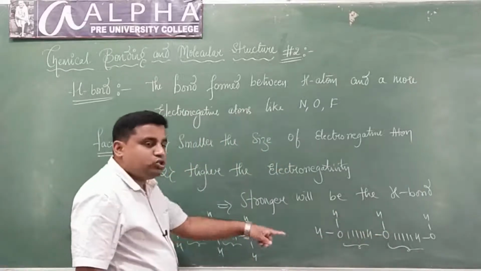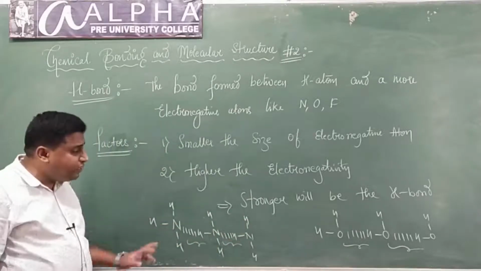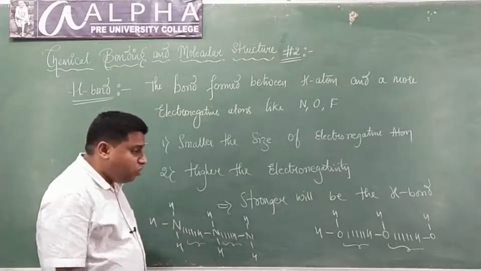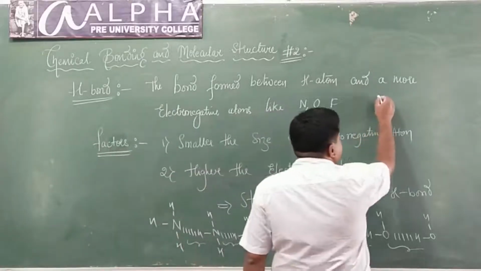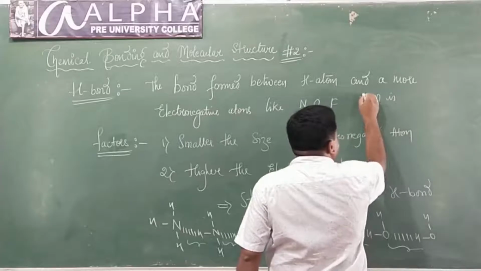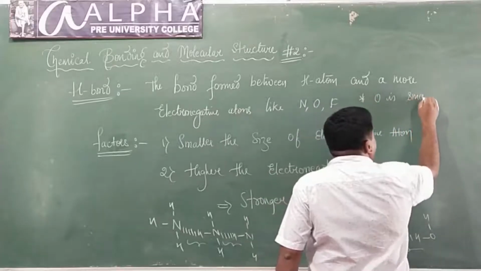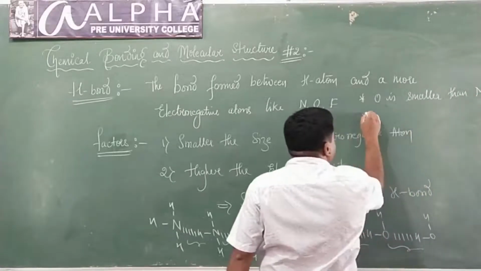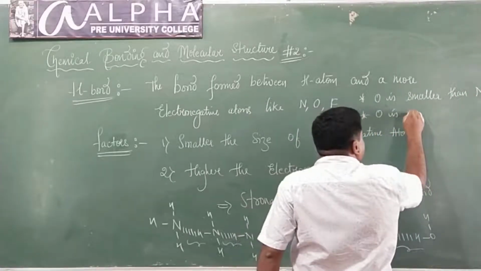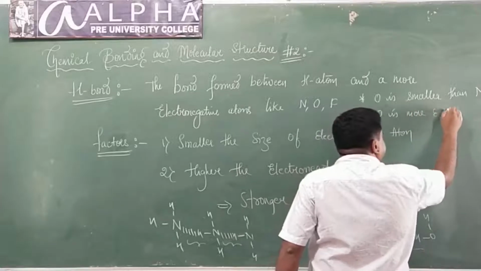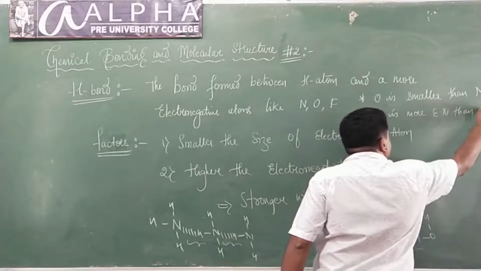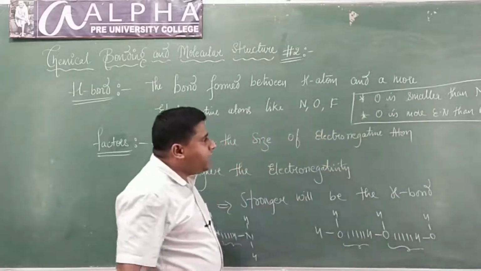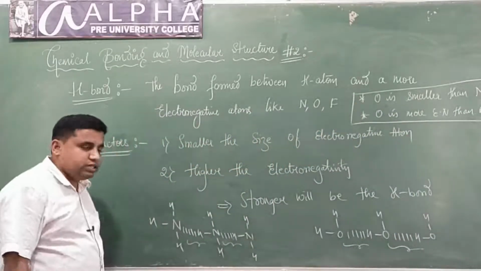But out of these two, which hydrogen bond is stronger? We know oxygen is smaller than nitrogen, and oxygen is more electronegative than nitrogen, correct?